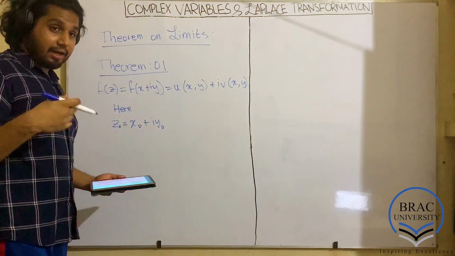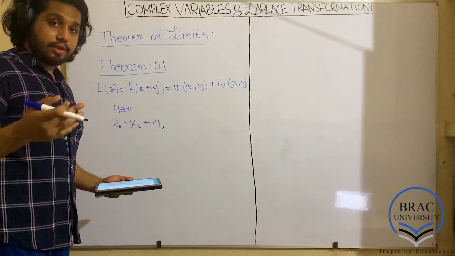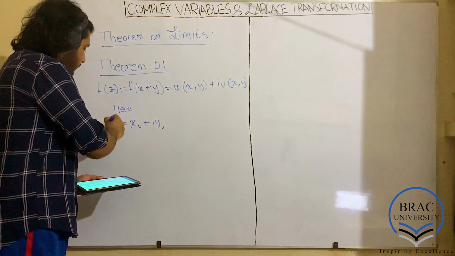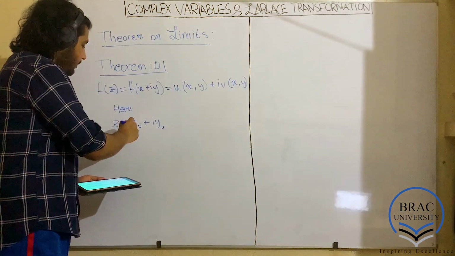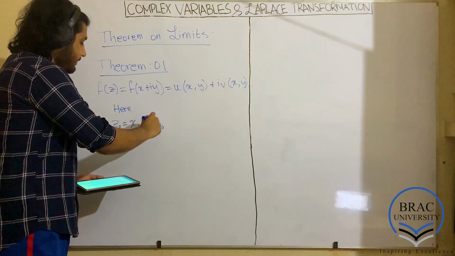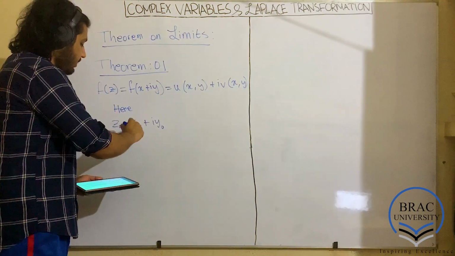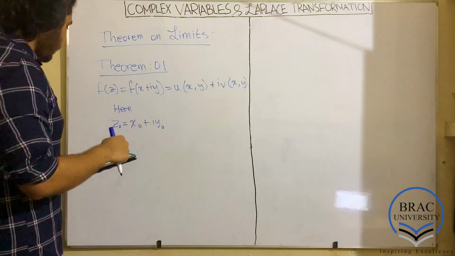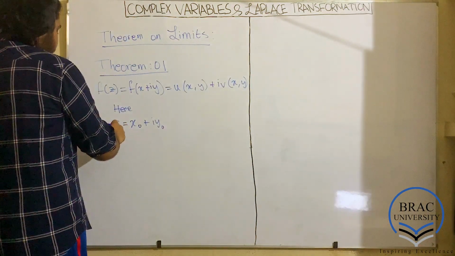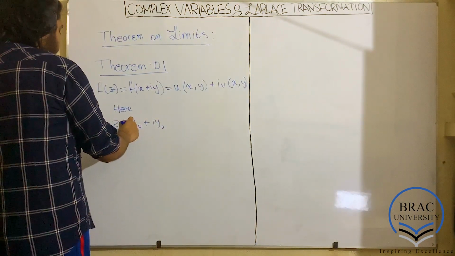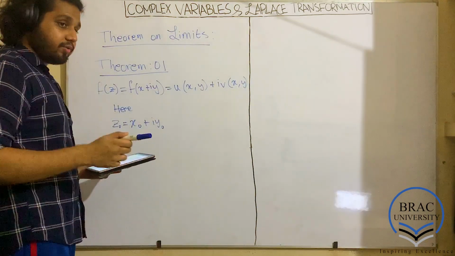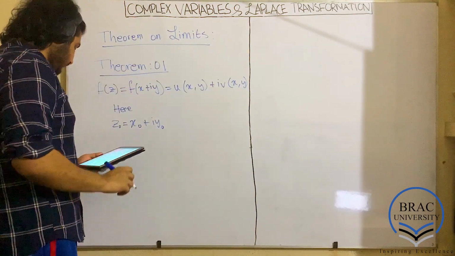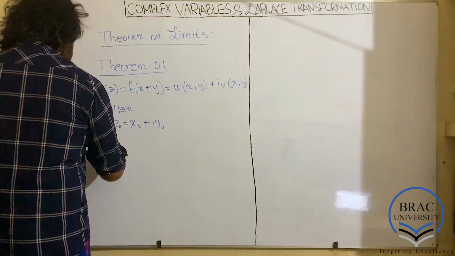I really want to repeat this again and again, so all you students will learn this: complex numbers are made up of a real number, and the i times a real number makes it an imaginary number. So a real number and an imaginary number make a complex number. So here, as we see, when we take the limit z tends to z naught, we have the individual real and imaginary parts going to their limits as well, where x tends to x naught and y tends to y naught.